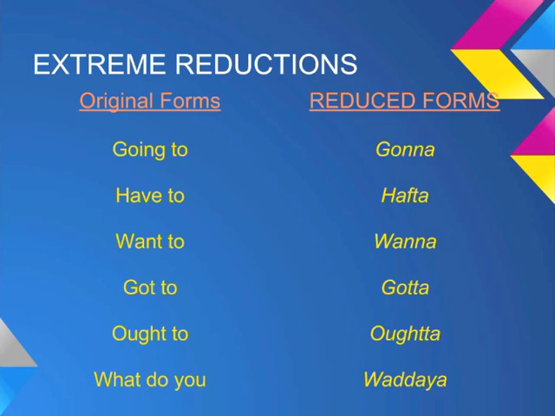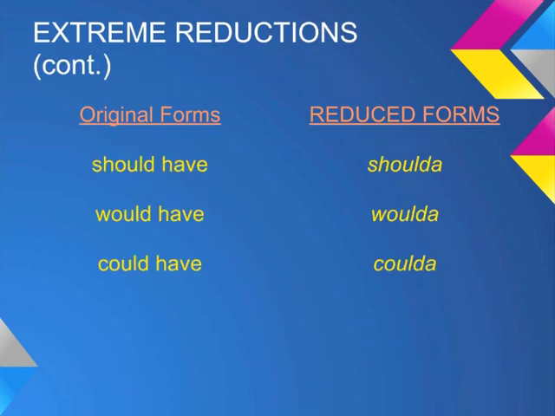Want to becomes wanna. Got to, gotta. Ought to, oughta. What do you, this particular group of words, becomes what'da ya. And then the should, would, and could words, all using should have, would have, could have, reduced to shoulda, woulda, and coulda.